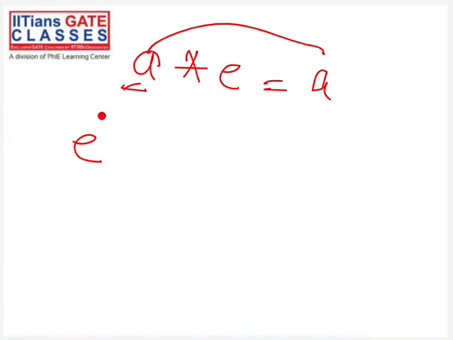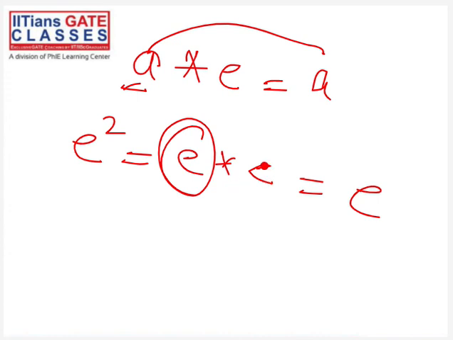If you take the power of e, then it will be e star e, which is e only, because if you apply the star operation with the identity element, the result will be this only.